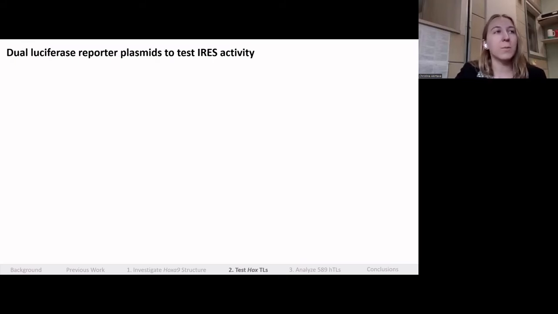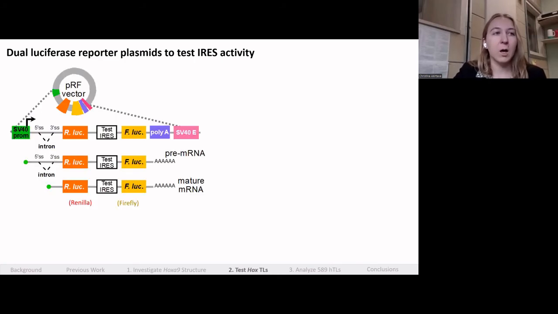Bicistronic reporters are commonly used to test IRES activity. A bicistronic reporter assay typically consists of Renilla luciferase and Firefly luciferase, R-Luc and F-Luc, and then the potential transcript leader that has IRES activity.